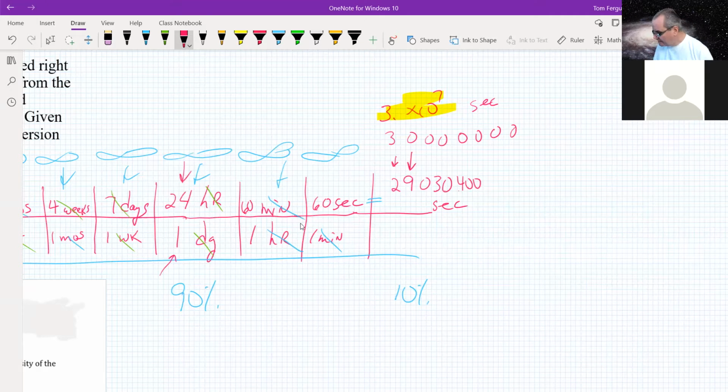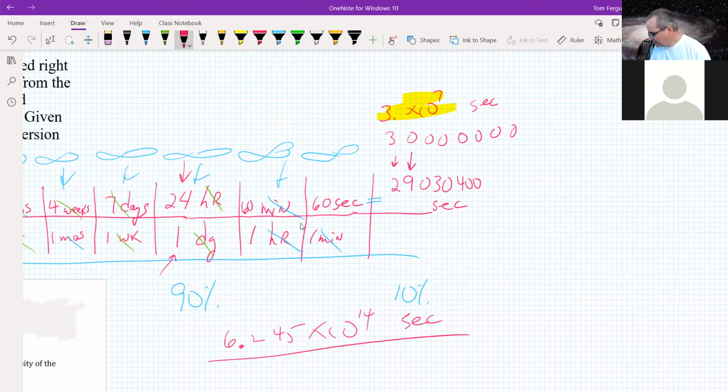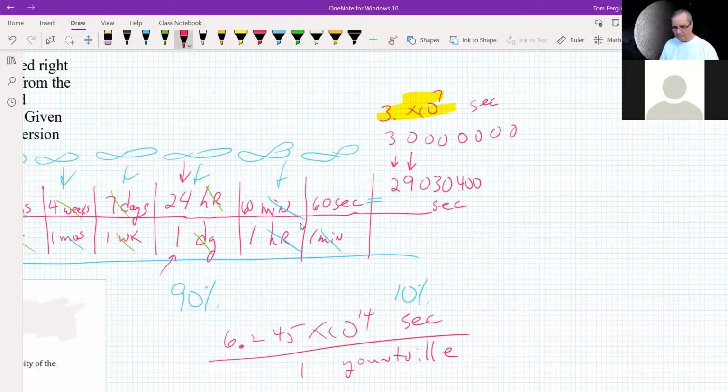So if you see seconds per year, and as soon as you see the decimal point there, that means it's measured.